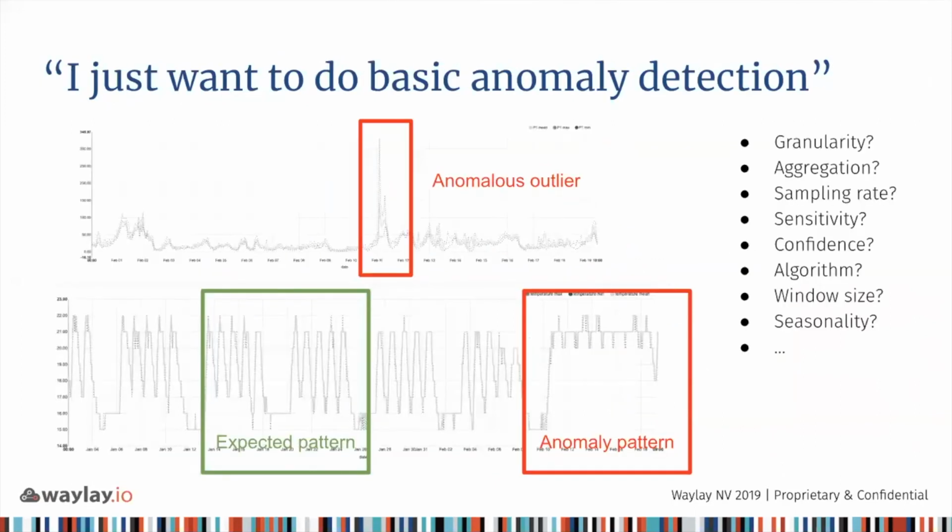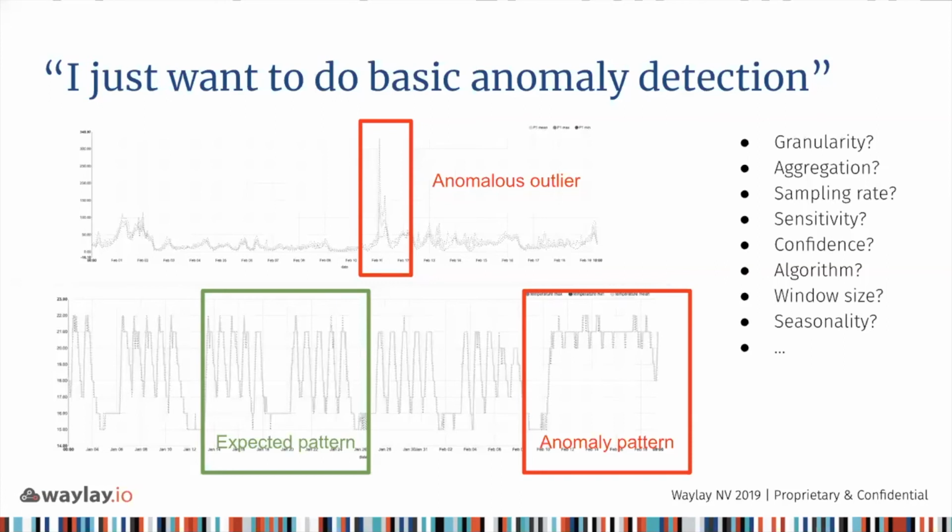So yeah, people say, yeah, that's all fine, but I just want to do basic anomaly detection. Is it that complicated? Well, it really depends on what you're looking at and who is basically doing the work. So when we're talking about anomalies, it really could be that on the same set of data, you can have multiple anomalies depending on the time frame that you're looking at the data.